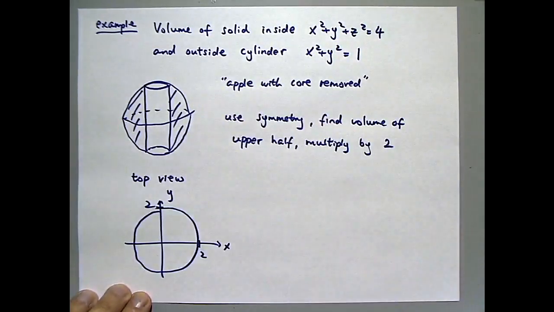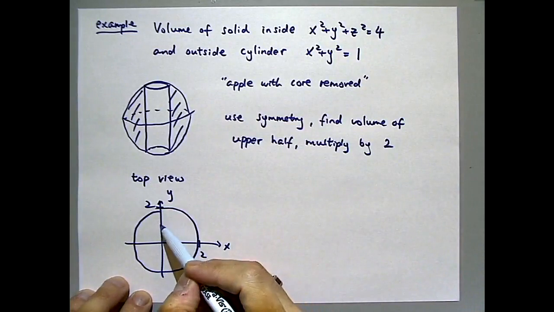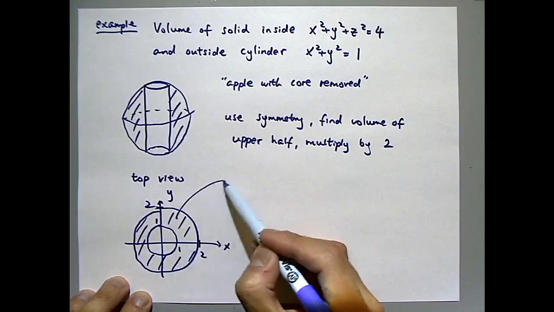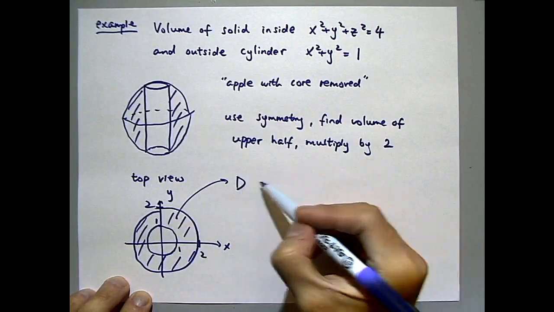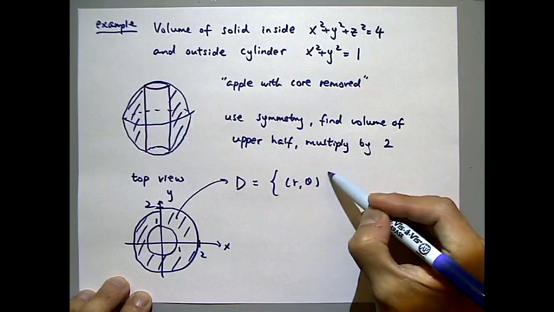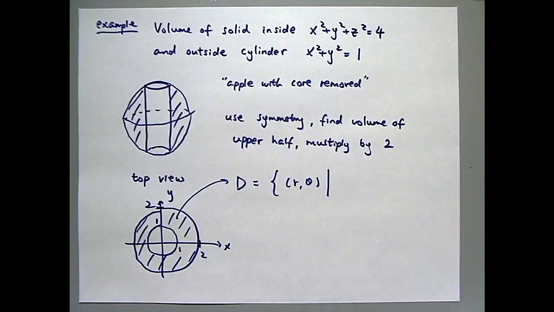And then the core, the cylinder, radius is 1. And that shaded region, this donut here, is the region D we're talking about.